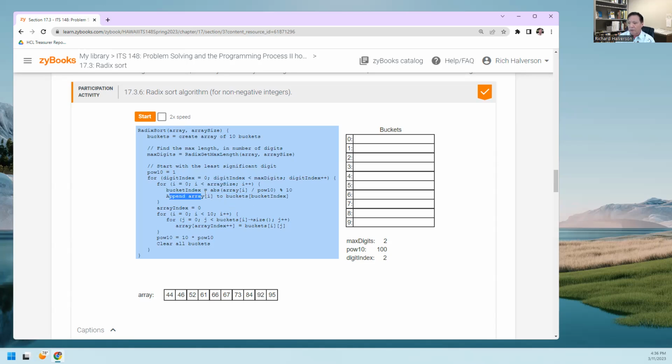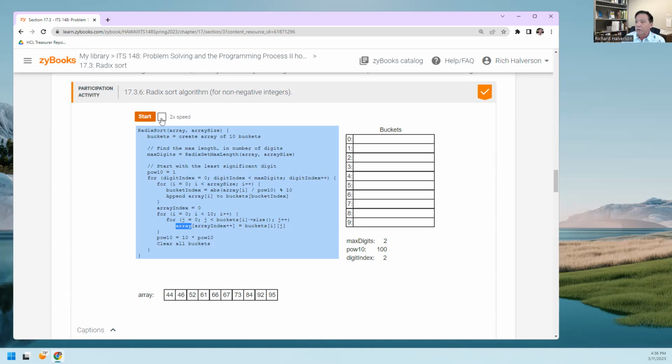This appends the number to the bucket of whatever the bucket index is, 0 through 9. Once we've finished filling the buckets, we go through all the buckets, starting with the lowest order bucket all the way up to the highest, and we pop out the numbers and stick them back in the array in order.